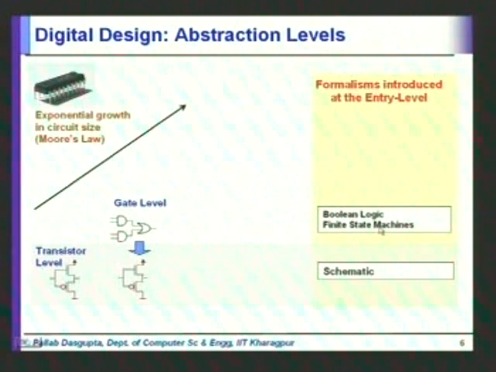The reasoning is based on Boolean algebra, and for the states we have finite state machines. So this is the formalism. So in this region there are a lot of computational problems, like how do you minimize a state machine, how do you encode a state machine. You have studied all this in your switching circuits and automata theory course, right?